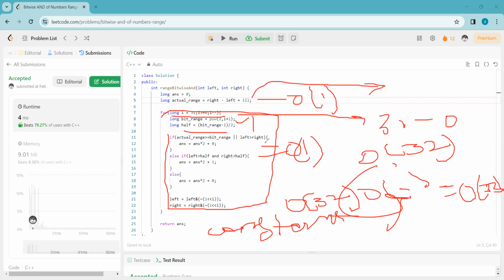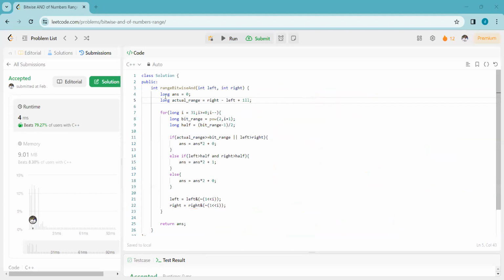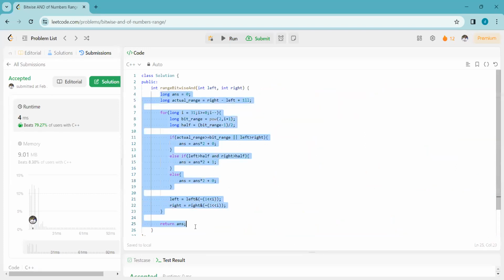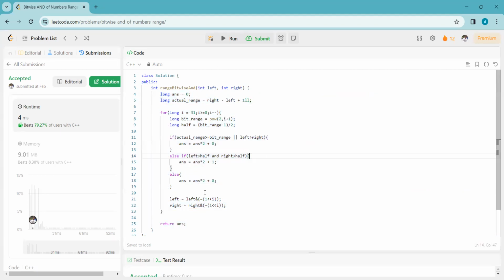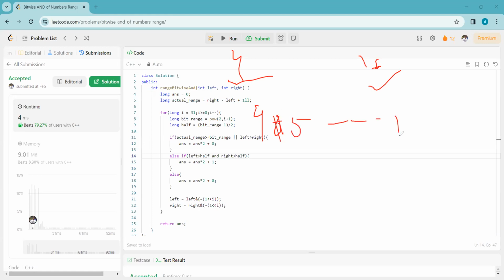So there is one more approach. If left is 4 and right is 16, we can run a for loop from 4 to 16 and do the bitwise AND of 4 and 5, like this till 16. So this is also one solution, but the time complexity of this solution will be O of the range.